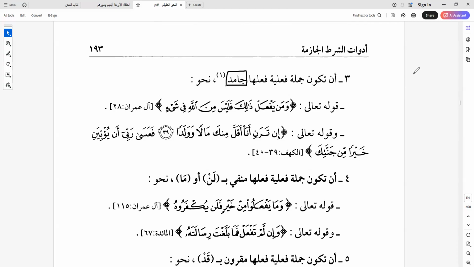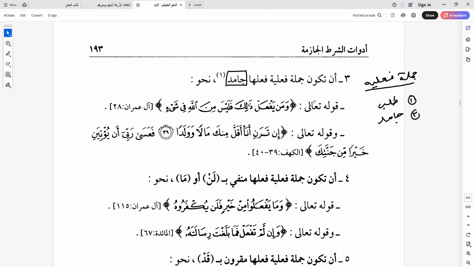So the jumla fi'liya concept, we have two, right? It must be jumla fi'liya, but it must start with talab. And then it must be jumla fi'liya. It must start with what? Fi'l jamid. So we have the concept of fi'liya too here.